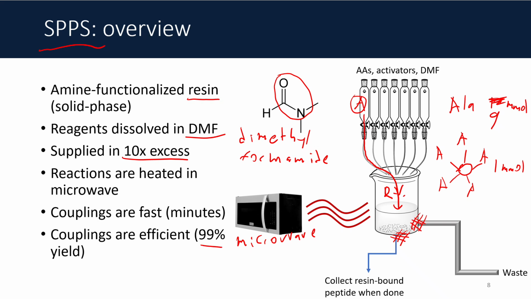I'm talking a 99% yield. Very rare in organic chemistry, by the way. And then that's where the beauty of the solid support comes into play. When the reaction is done, which only takes 4 to 5 minutes, you just open the drain valve, and those other 9 equivalents of alanine and everything else goes down the drain into your waste container.